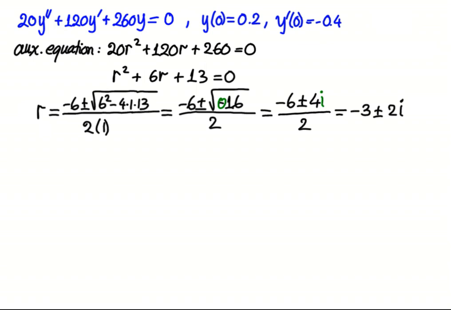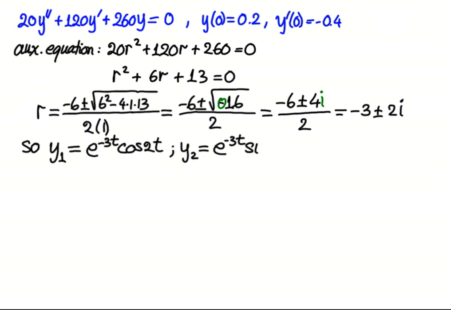Right. It is a complex solution, so we have y1 equal to e to the negative 3t cosine of 2t, and y2 equal to e to the negative 3t sine of 2t.